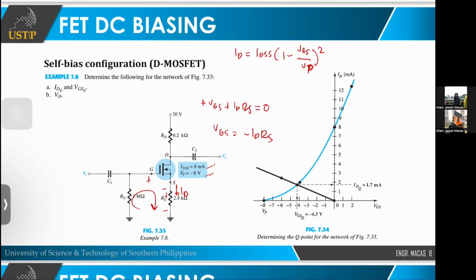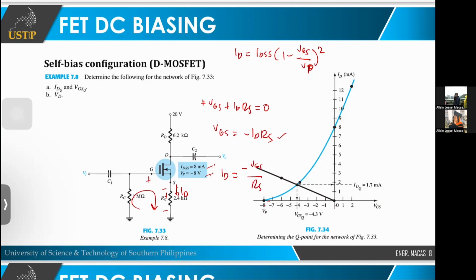Now, we can assume negative values, for example, between these values, negative 8 to 0. So, what was done is they assumed a VGS of negative 6, so that you get an ID of negative VGS over RS. I hope you're following. Negative VGS over RS.